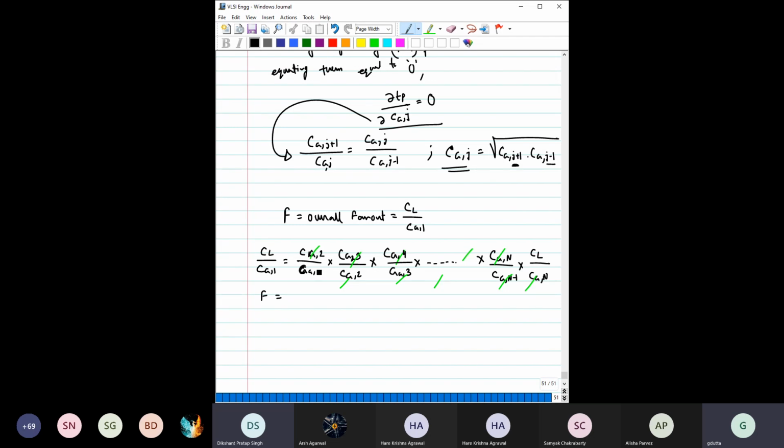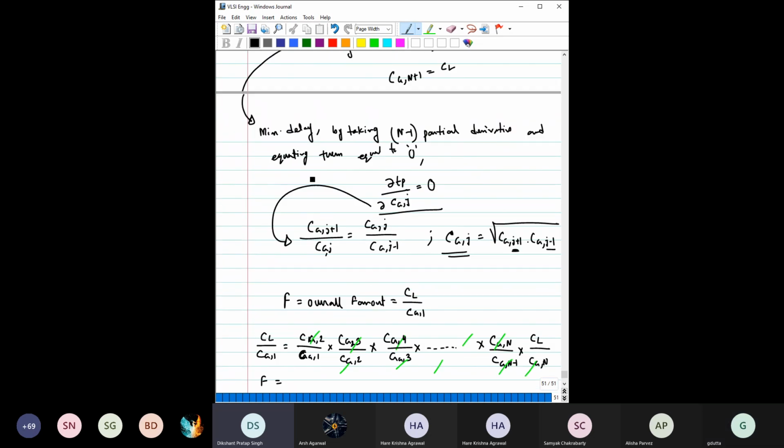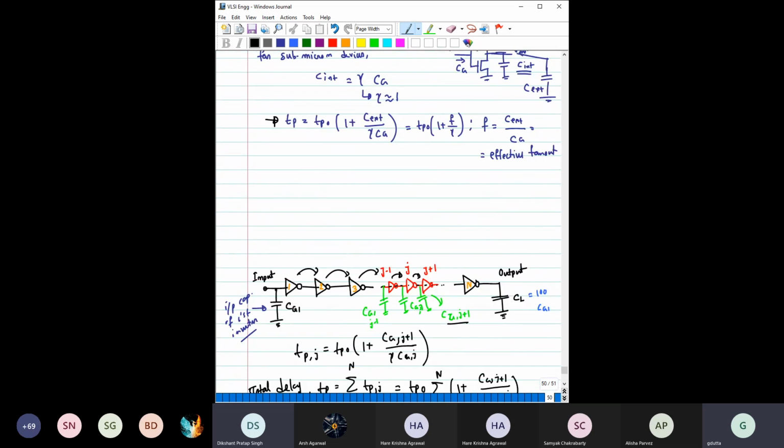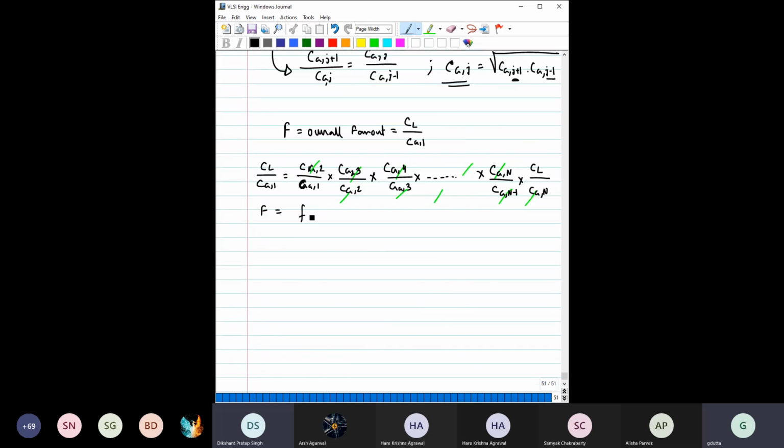The first one is that factor CG2 by CG1, and this is that scaling factor F for one single stage. So that means we are changing by F. So this part is F, this is F, this is F.